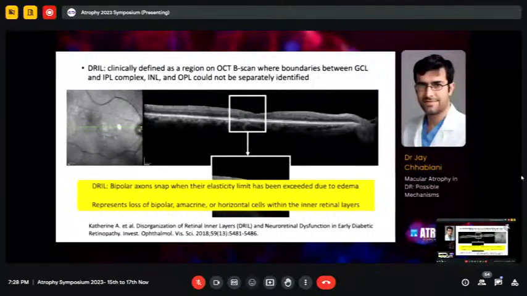And we believe that DRIL is primarily due to bipolar axons snapping when their elasticity limits have been exceeded due to edema. It represents the loss of bipolar, amacrine, or horizontal cells within the inner retinal layers. We have been using this sign not only in diabetic retinopathy but other microvascular diseases, including branch retinal vein occlusion and central retinal vein occlusion.